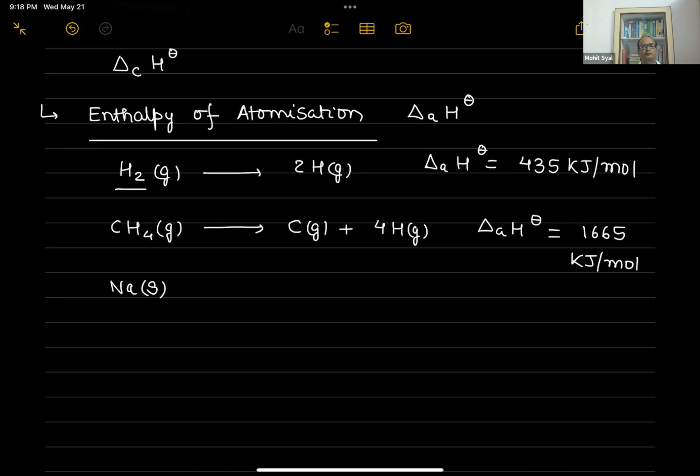So if I give enthalpy of atomization, it means 1 mole of sodium solid atoms completely get separated from each other into vapor phase or gas phase. This is also called enthalpy of atomization. It may or may not be equal to enthalpy of sublimation. Here it is equal to the enthalpy of sublimation, but in this you are breaking the bonds also.